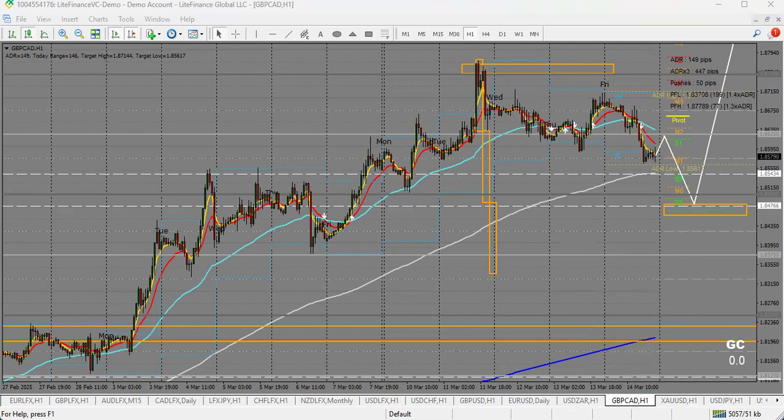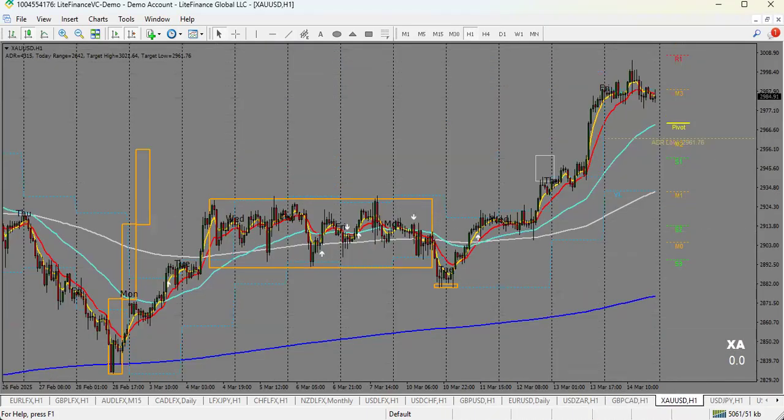So finally, we should discuss gold. Let's discuss gold. We have seen gold make some significant movements, and price has surged and has now reached $3,000, marking a historic high.